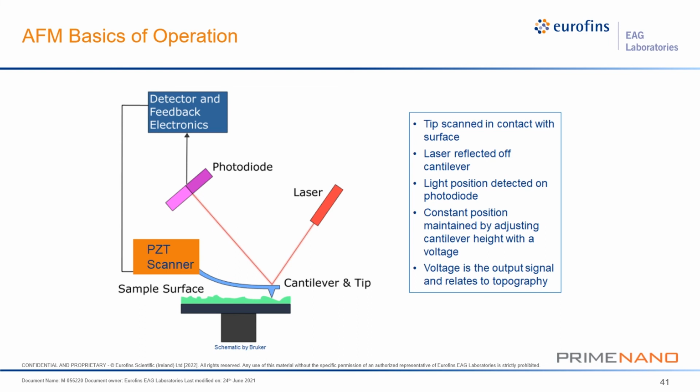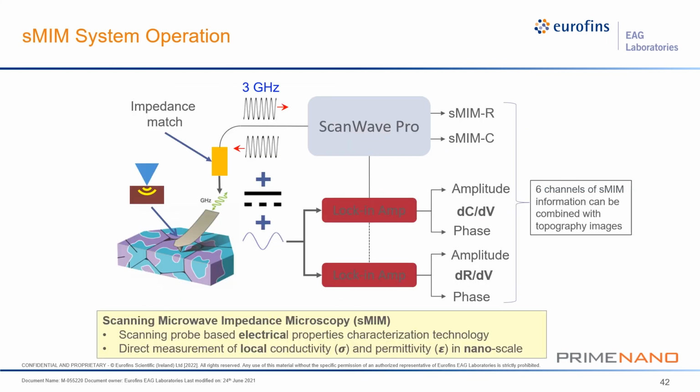In the case of the SMIM setup, we're going to use specialized electronics by PrimeNano, in which we put a 3 gigahertz signal through a fully shielded path. The microwaves create near field electromagnetic fields at the tip apex.